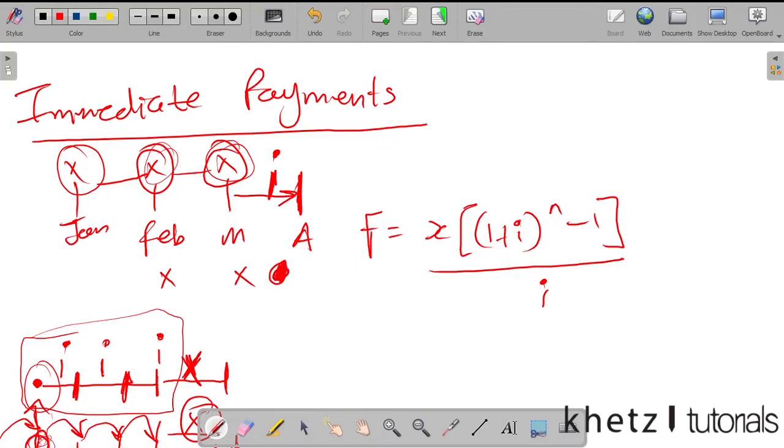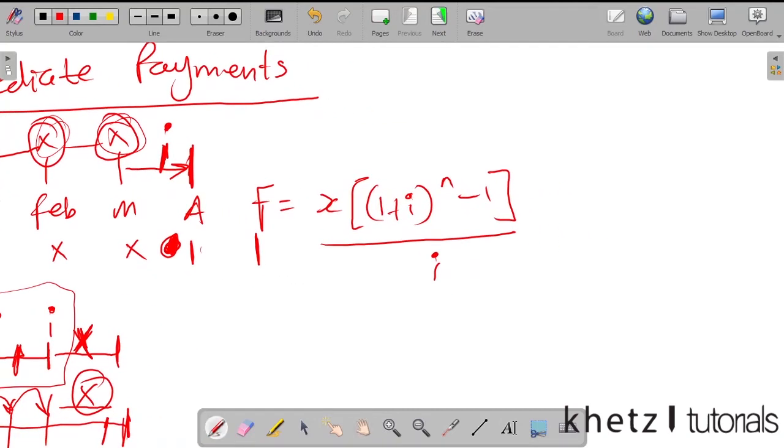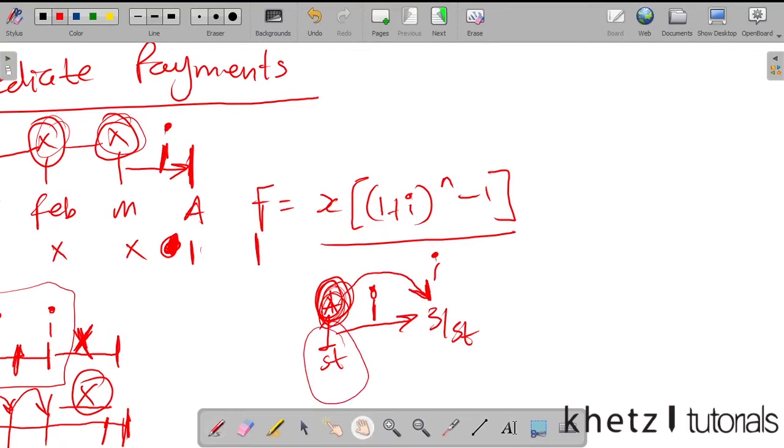Now, if the payment is required to be at the start of the period, then let's say your last payment is on the 1st of January. So from that first day of January to the 31st, which is the last day, even though this point was your final point of making the payment, your money will still earn interest until the end of that month, even though your last payment was on the 1st, which is the starting.